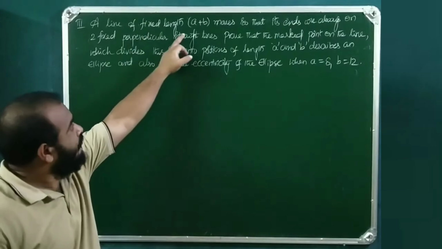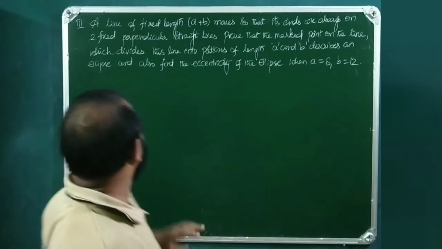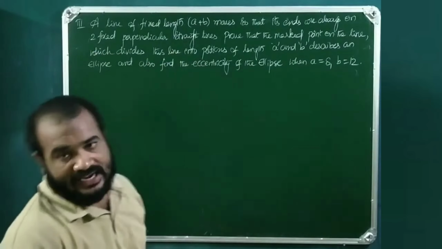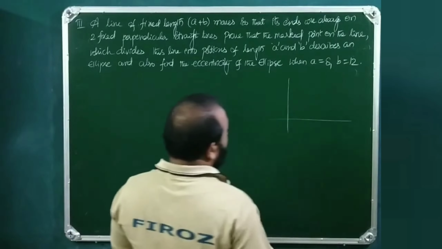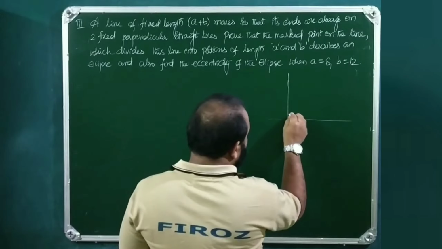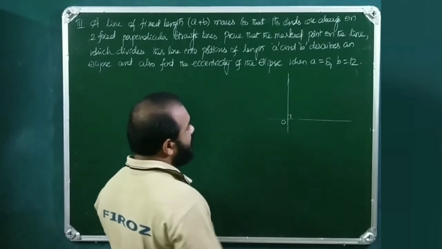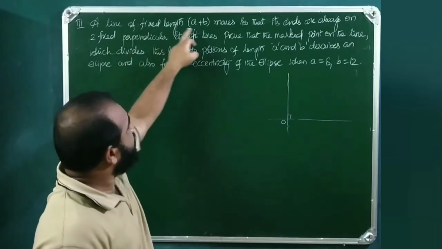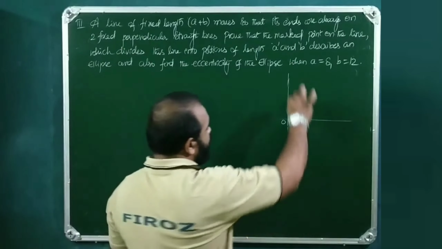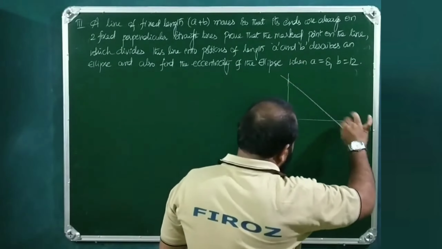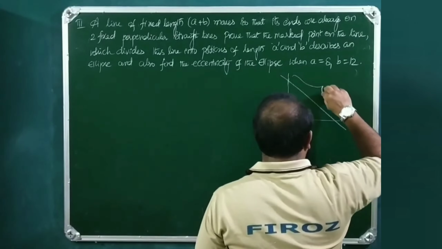A line of fixed length a plus b moves so that its ends are always on two fixed perpendicular straight lines. Let us take these two lines, which are perpendicular to each other. Let us take the x-axis and y-axis, O being the origin. So actually there is a line of length a plus b.